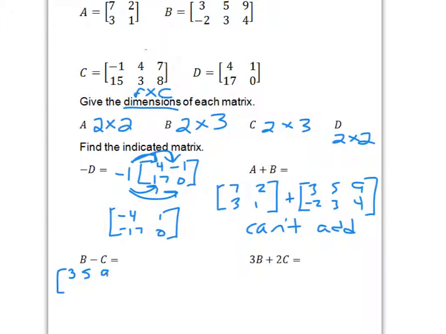Make sure you have matrix B going first, minus C. And I'm going to set up the next one just so I can see what I'm doing easily for the next part. So we're going to be multiplying B by 3 and then multiplying C by 2 and adding those answers.